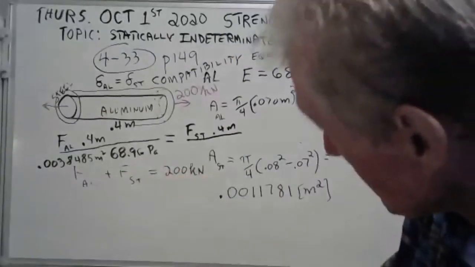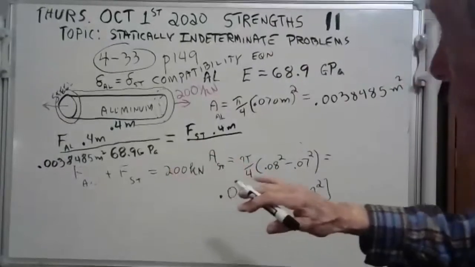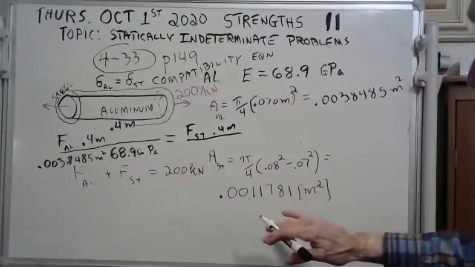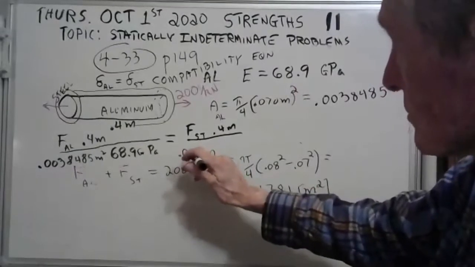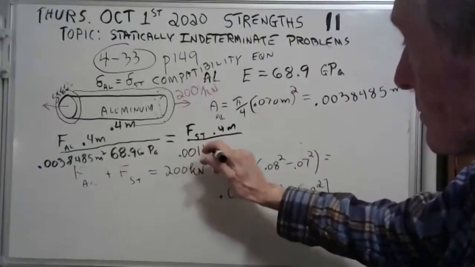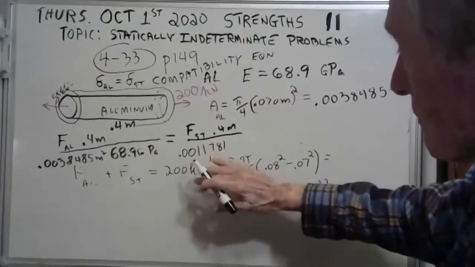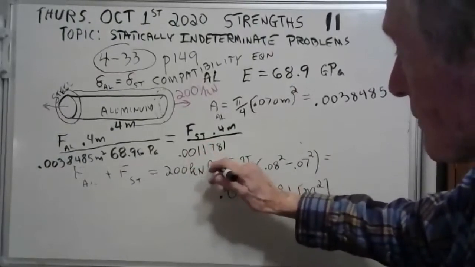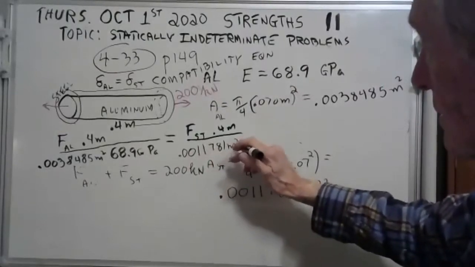Okay, now on the steel, the area of the steel is 0.00111781 meters squared.